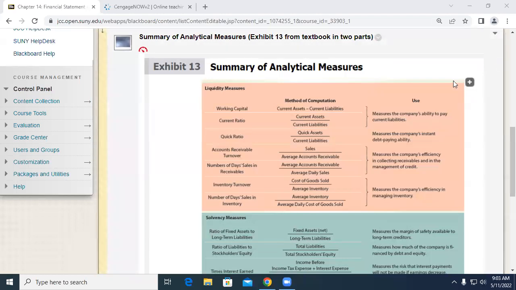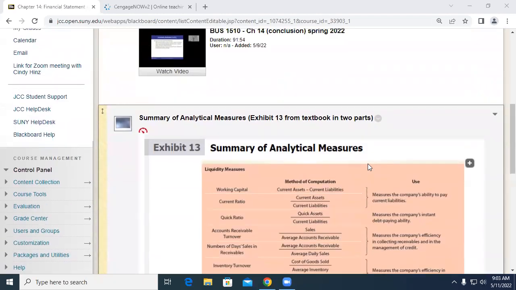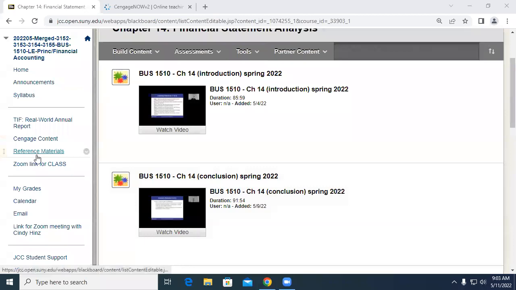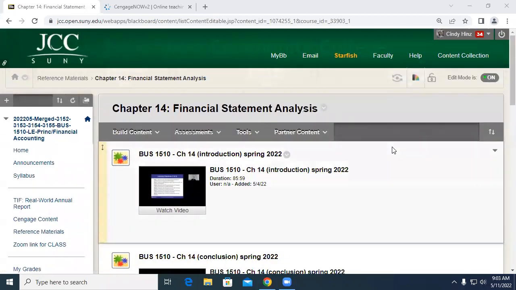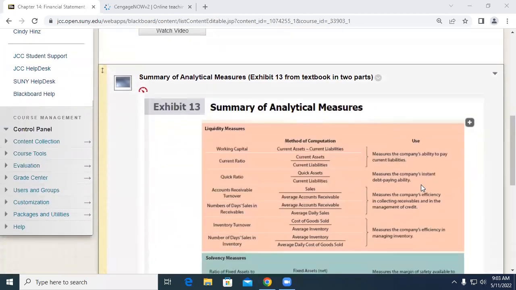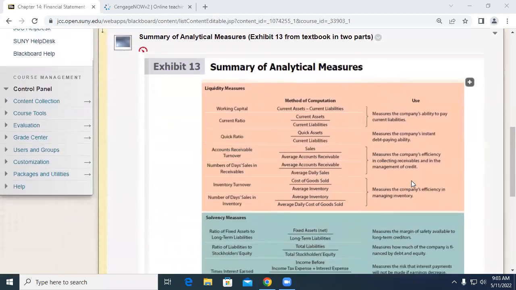So first thing I wanted to remind you is in Blackboard, in the reference materials folder for chapter 14, you will find this snip from our textbook. It's exhibit 13. In the textbook, it is page 710 and 711. So that's how far we are in the book, in case you need to hear that.